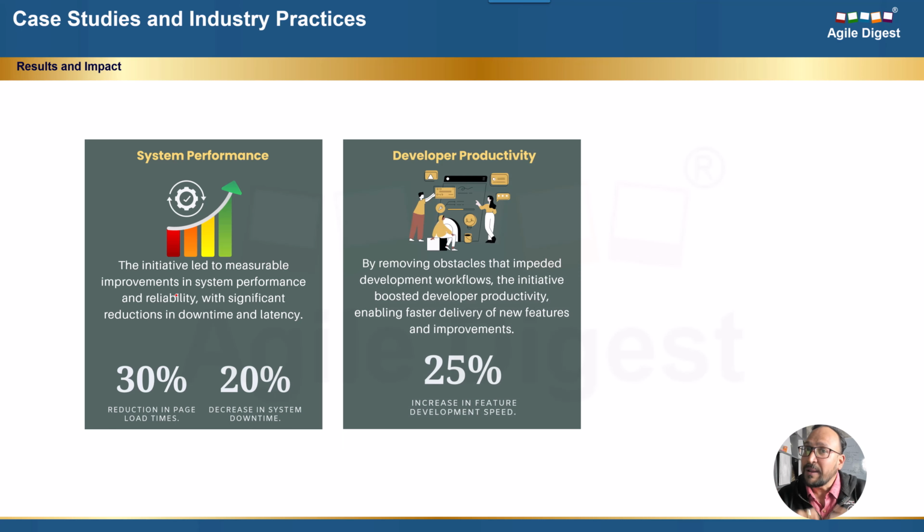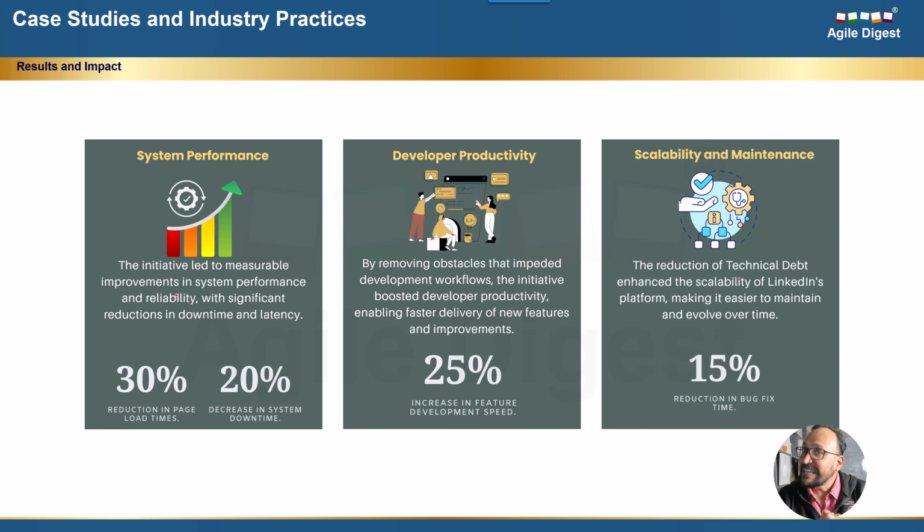Developer productivity: by removing obstacles that impeded the development workflows, the initiative boosted developers' productivity, enabling faster delivery of new features and improvements. So over here we can see 25% increase in feature development speed. Scalability and maintenance: the reduction of technical debt enhanced the scalability of LinkedIn's platform, making it easier to maintain and evolve over time.